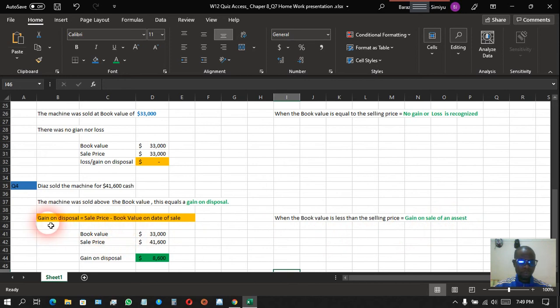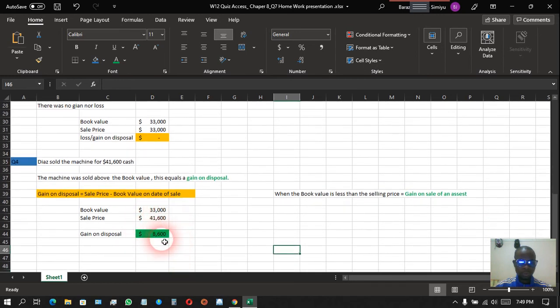And therefore, to calculate gain on disposal, we take the selling price minus the book value on date of the sale, and we get a gain on disposal of 8,600. So there was a gain, there was some profit made.